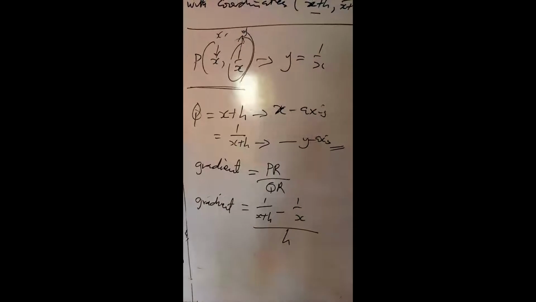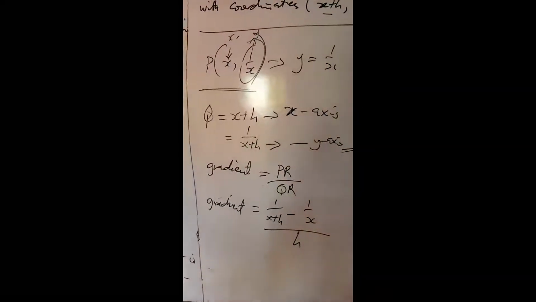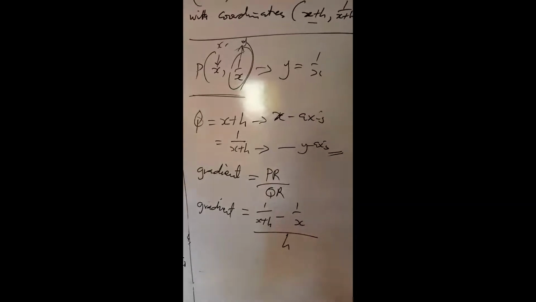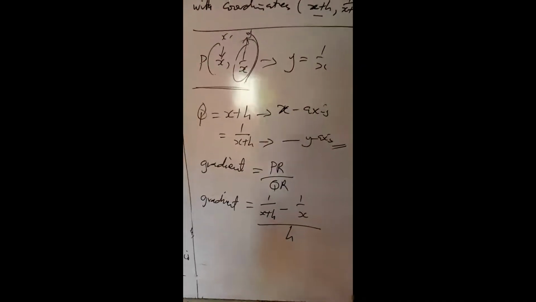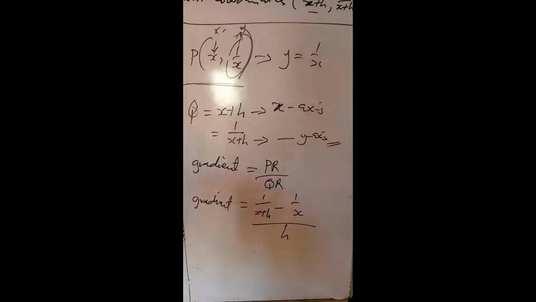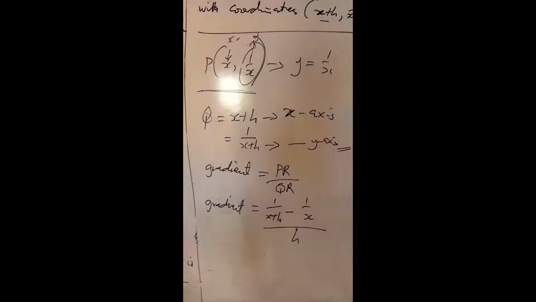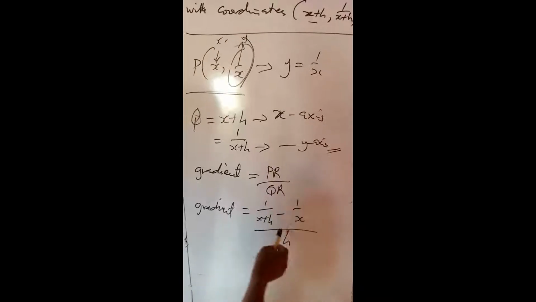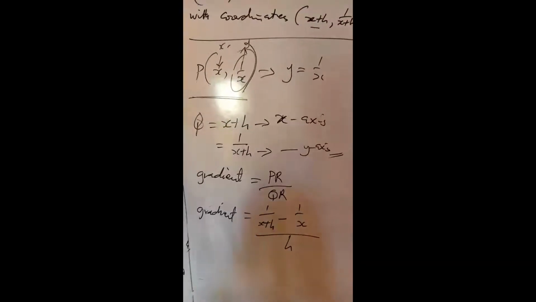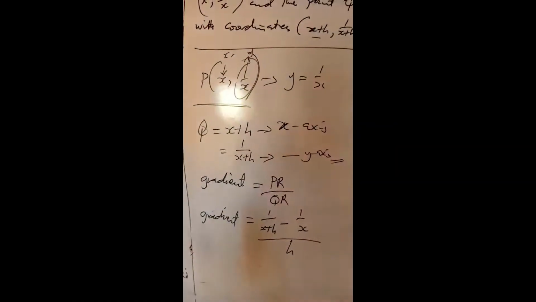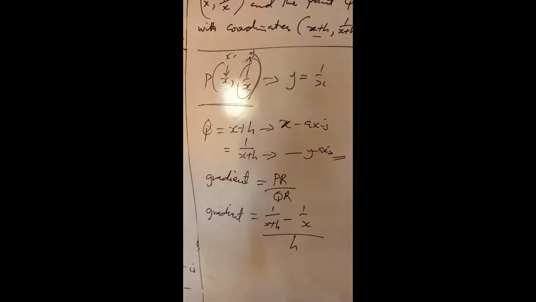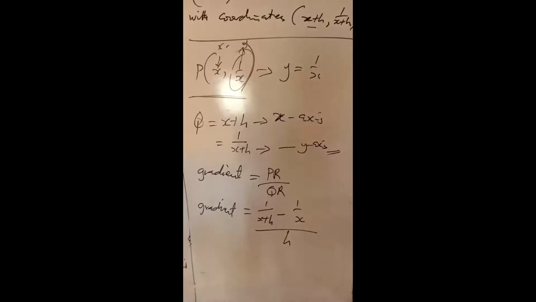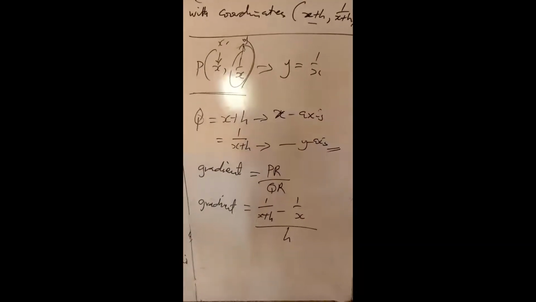Now, if you look at it, because we are trying to simplify this gradient function to the barest minimum, so that it doesn't look as if it is a difficult task, this is just simply your LCM. If you look at this, just as you add or subtract 1 over 4 minus 1 over 2, or 1 over 6 minus 1 over 8, that's what you are seeing here.